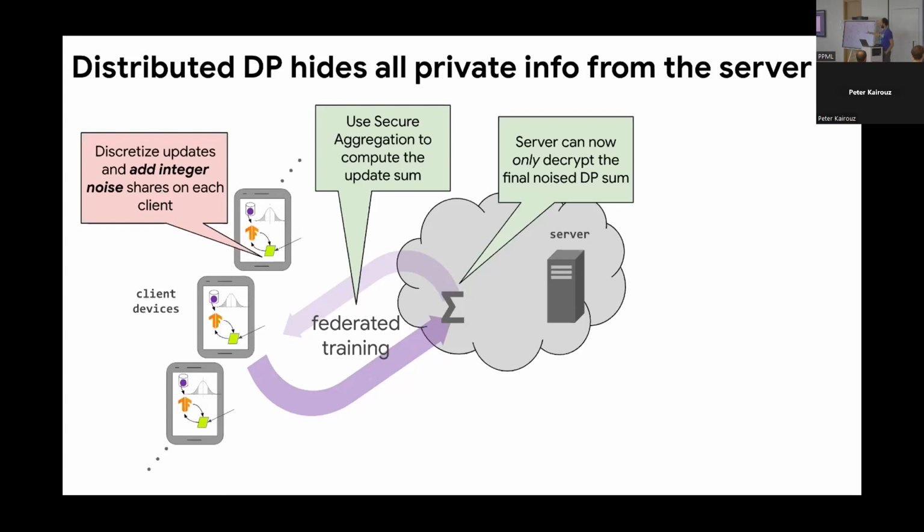Cool. So this is the high-level idea of what we call distributed differential privacy, because now the DP is not executed by the server; it's not centrally applied. It's distributed across devices, and we don't really need to trust that the server is going to add the right amount of noise in the right place. Each user can actually do that.